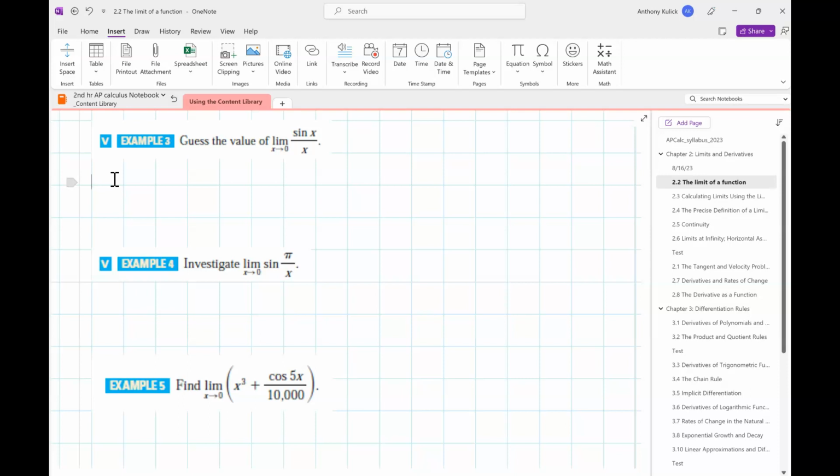Wait, no, that doesn't make sense. Sine of 0 is the same in either one. Put it into a limit. This number is the limit.